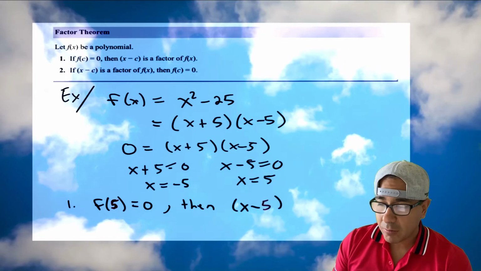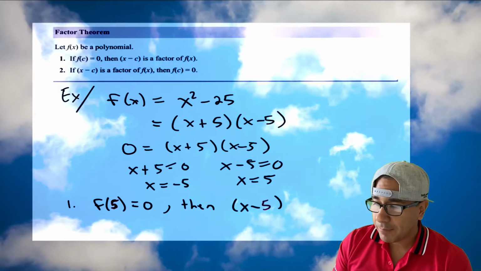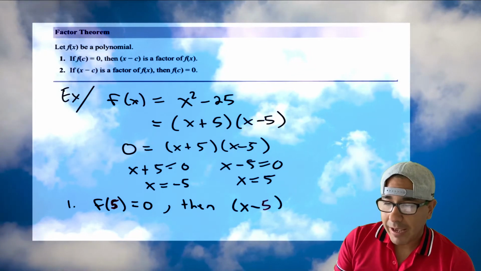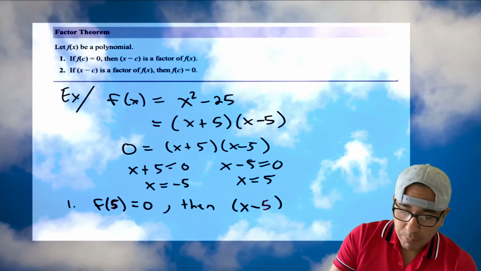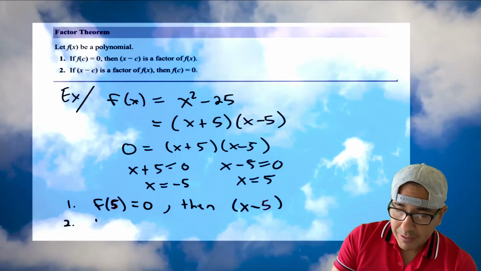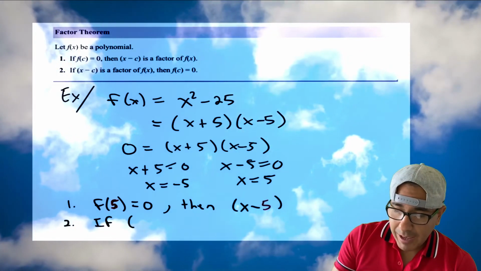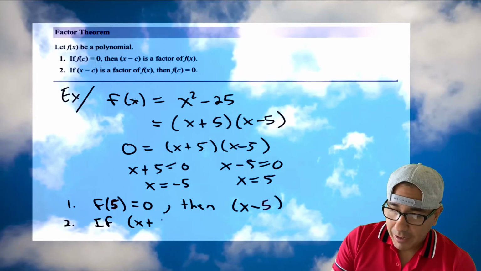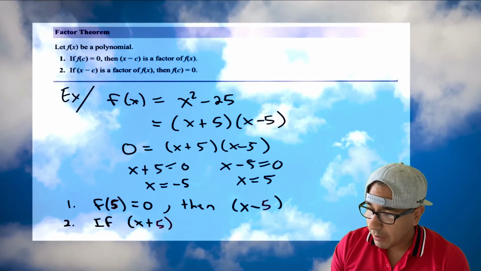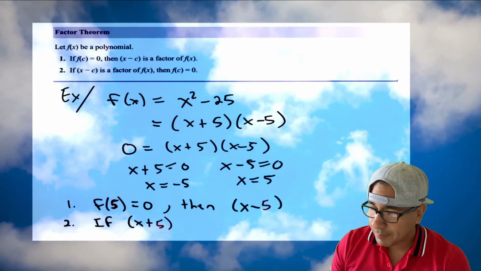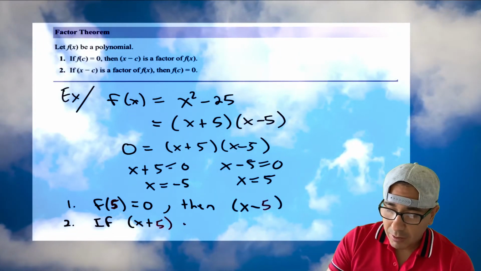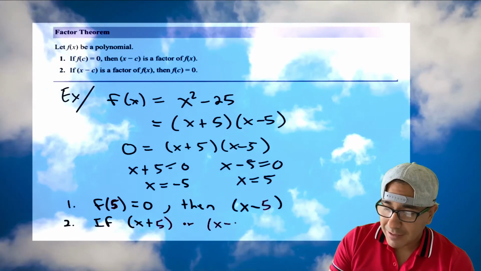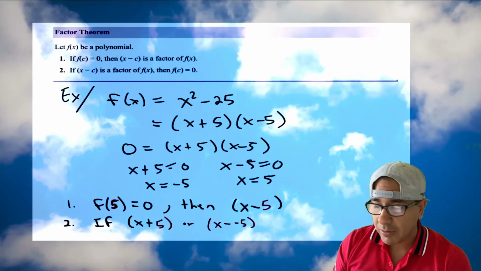Part 2 is saying, let's look at what we did here. Notice I factored it, so let's say we know x plus 5 is a factor. Let me write that as x plus 5, and I could also write it as x minus negative 5, and I'll tell you why I'm doing that.